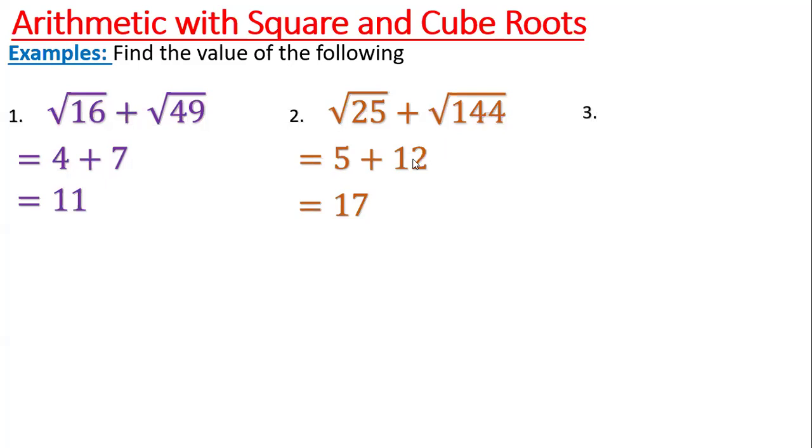So now we know the square root of 25 is 5 and the square root of 144 is 12, and we add them: 5 plus 12 gives us 17. First find the square root of 25, which is 5, find the square root of 144, which is 12, then add 5 and 12, and that gives us 17. Does that help a little, at least a little, for those who didn't understand it?